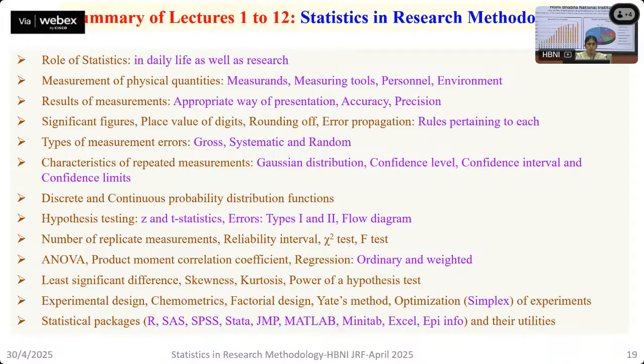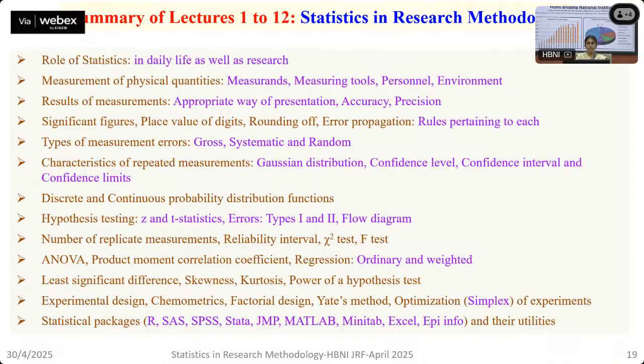And the minimum number of replicate measurements to get quality data, and reliability interval to define the number of replicate measurements along with the significance level as well as the level of concentration or the value level of the quantity to define the reliability level.